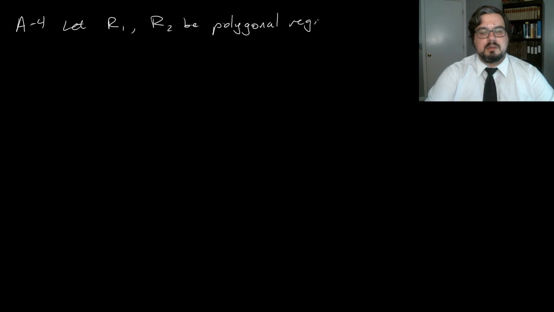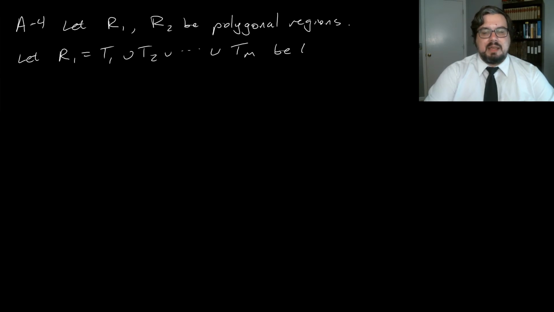So now, let's let R1 and R2 be polygonal regions. Therefore, we can say, let's let T1 union T2 union up through Tm be a triangularization of R1.